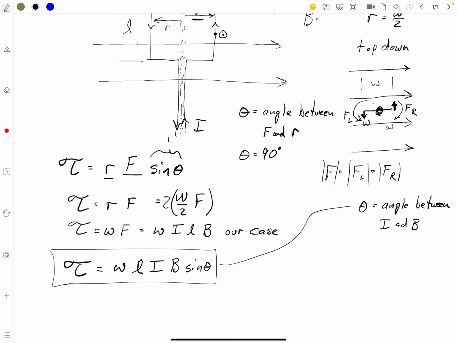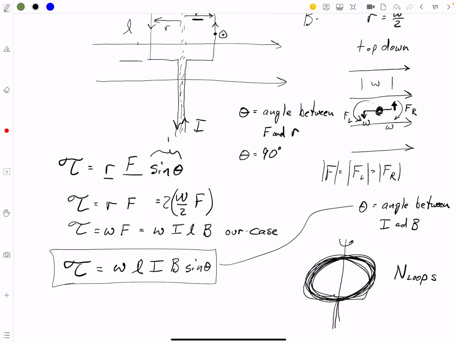And if we add many loops, so we have this thing come up and it comes over and we loop it around many times, and then we drop it down and we give it an axis that it can spin on. Then we've got this many loops situation. How many loops are there? There are n loops. So we have n loops.